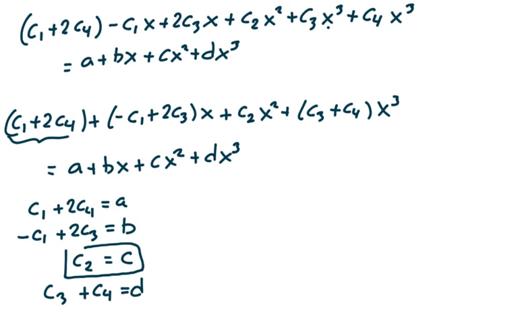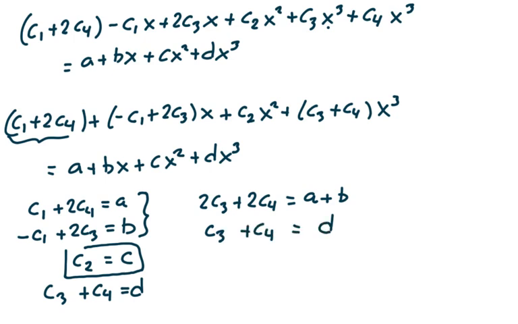Now, if we look at these first two equations and add them, can we agree that I get 2c3 plus 2c4 equals a plus b? And then, looking at the fourth equation, c3 plus c4 equals d, right?